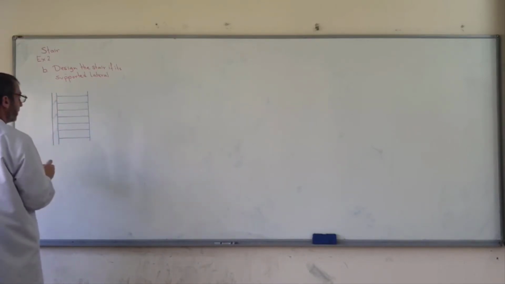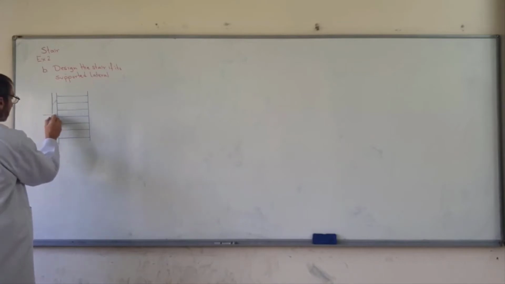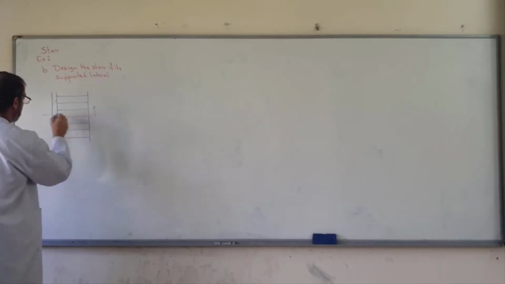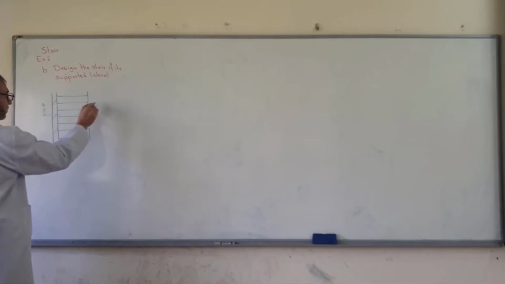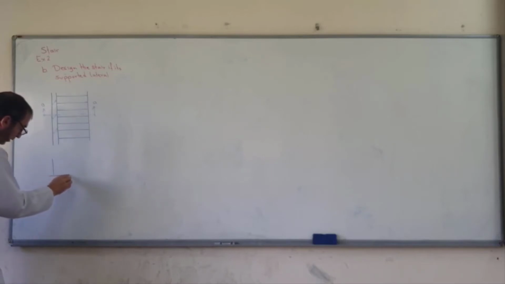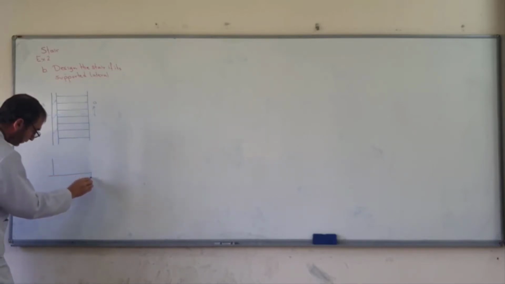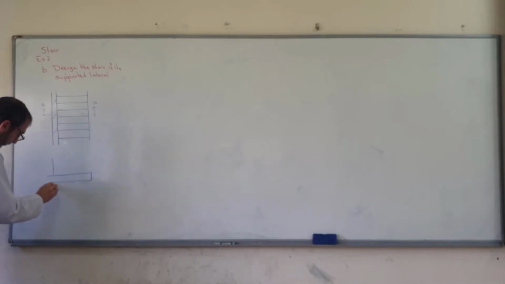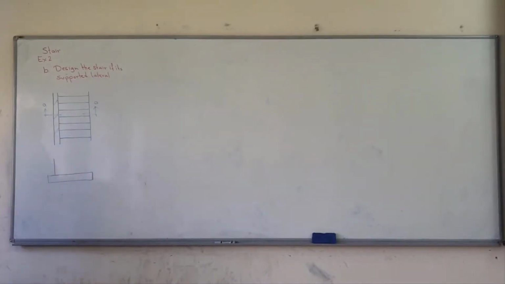Whichever the walls. If we take a section here, for example section A-A, we see this section this way. These are the walls, this is the stair, and this is the supporting wall.